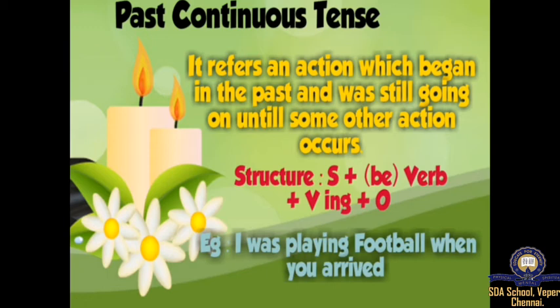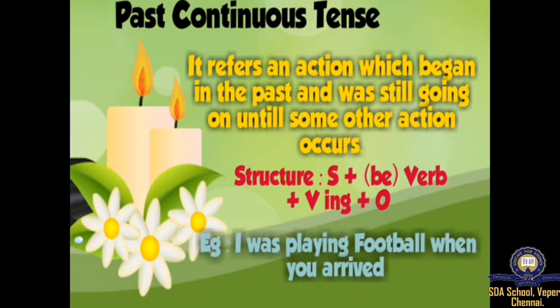Its structure is subject plus be verb plus verb with ing plus object. Example, I was playing football when you arrived. Here, the action of playing was going on until you arrived. Therefore, it's called past continuous tense.